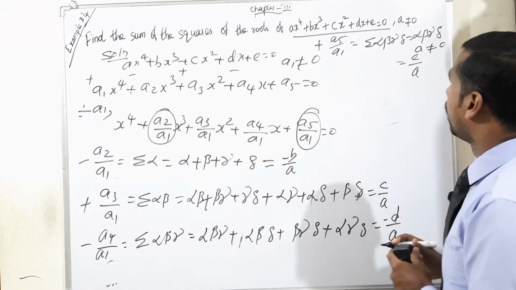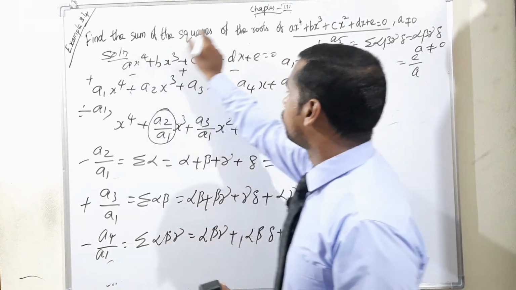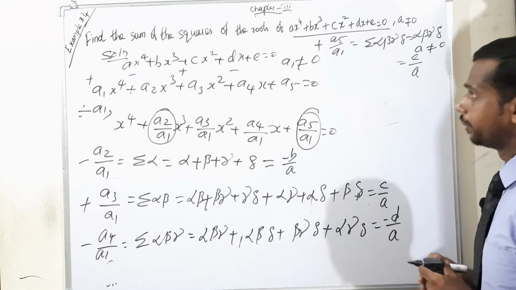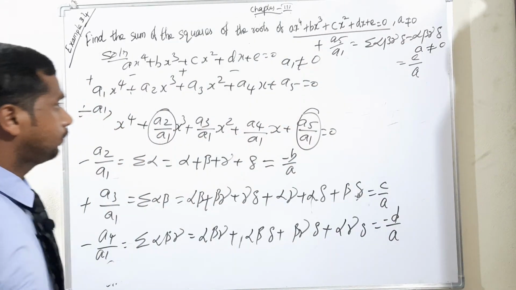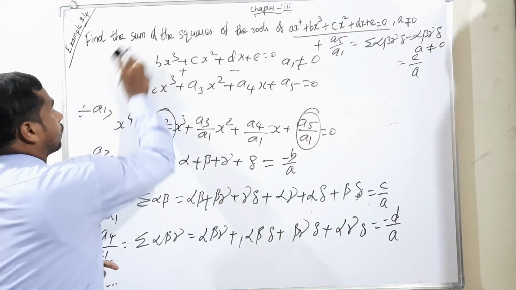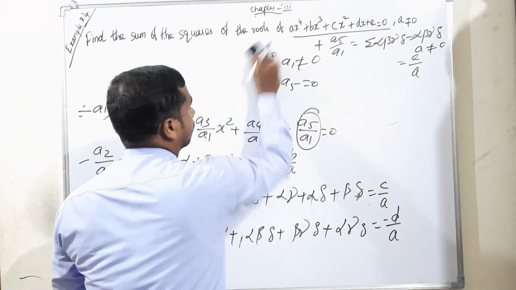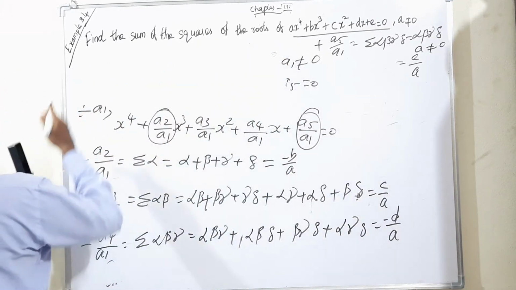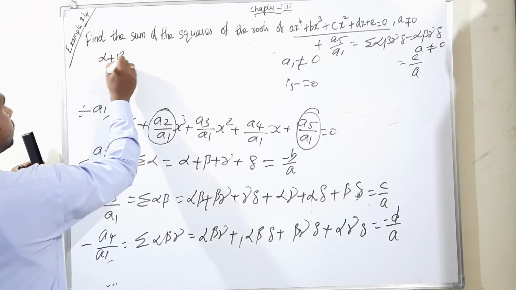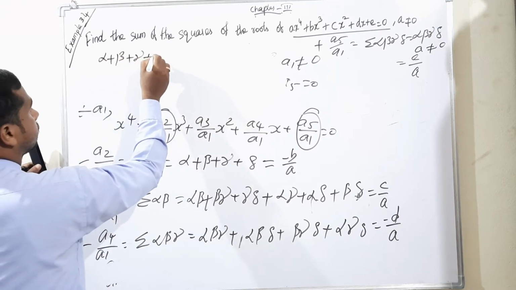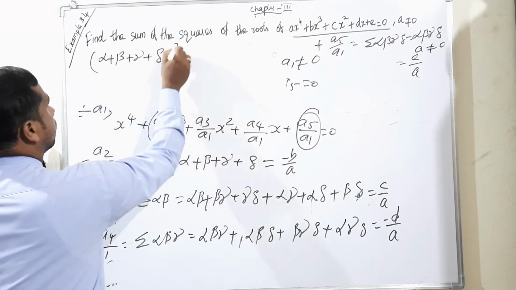Now what we need to find out is the sum of the squares. Sum of the squares means, listen: alpha plus beta plus gamma plus delta the whole square.